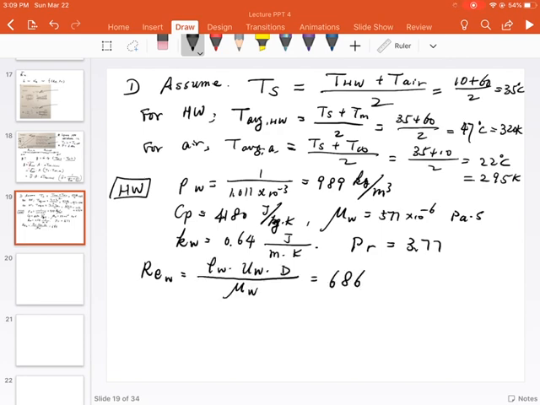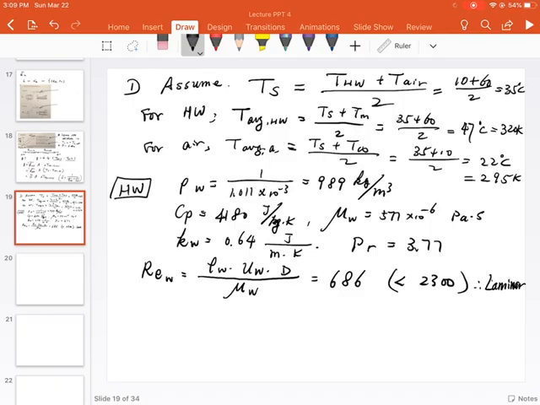This is actually much smaller than 2300, and therefore it's laminar flow.